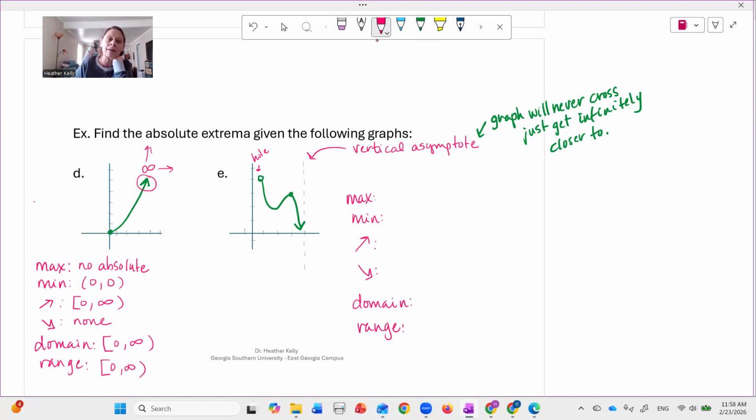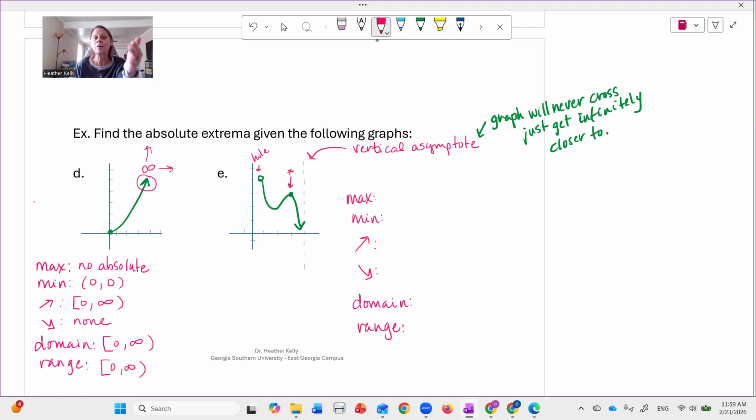So the next place that there is a local max is going to be right here. That would also be the absolute max because this is the entirety of this graph. It doesn't go any further beyond the left of x equaling 1.